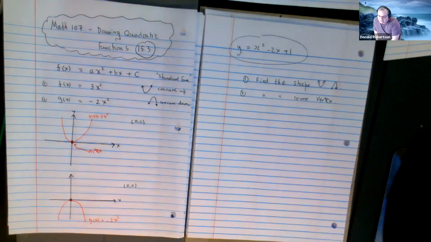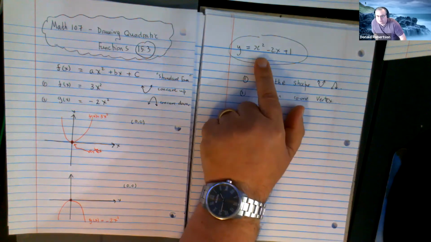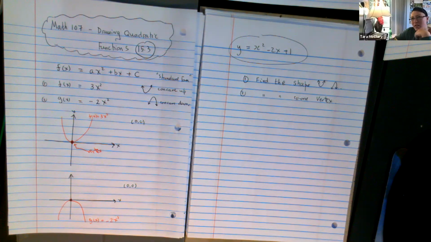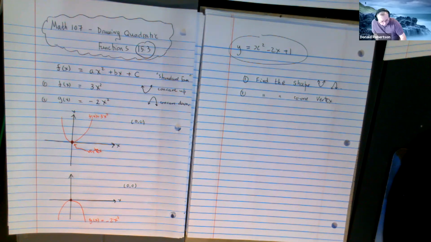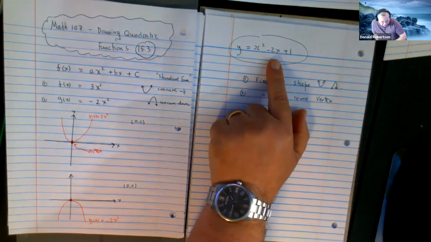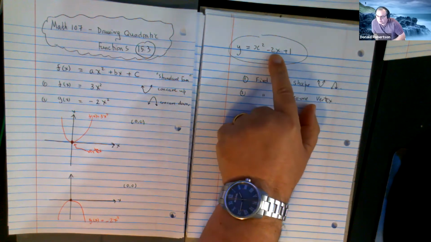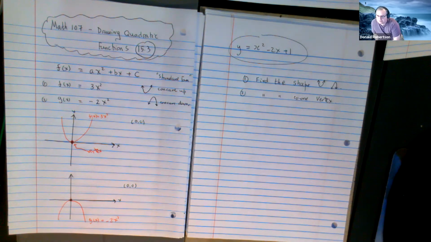Right, finding the shape should be pretty easy because it's the same rule for everyone we've done so far. Happy face or sad face for this guy? Isn't it going to be a sad face since there is a negative? Where does the negative need to be to make it a sad face? Because this negative is next to the x's, but where should it be if it's going to be a sad face?